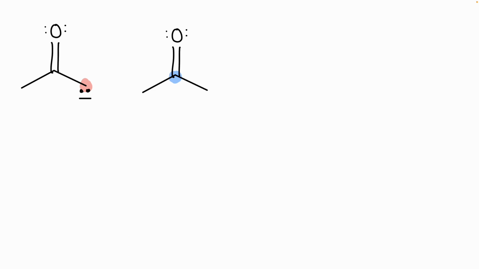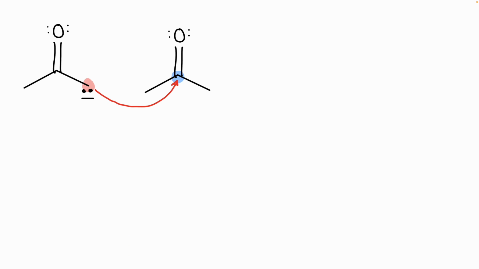All right, so I'm going to have my nucleophile attack my electrophile. That's what nucleophiles do, right? They attack electrophiles. And then I'm done there? No, I'm going to always form that tetrahedral intermediate by kicking that pair of electrons up.